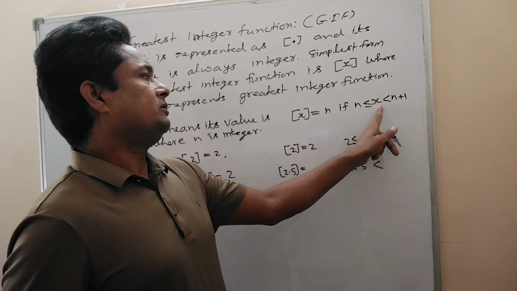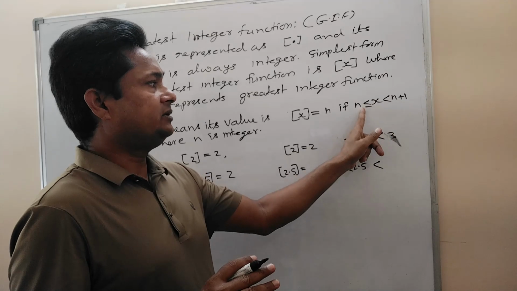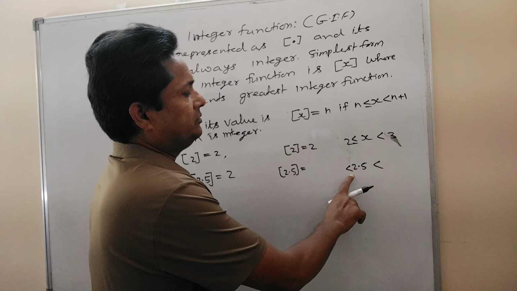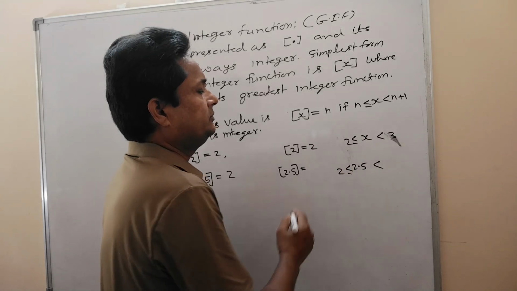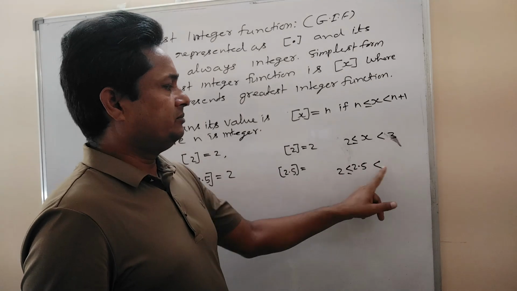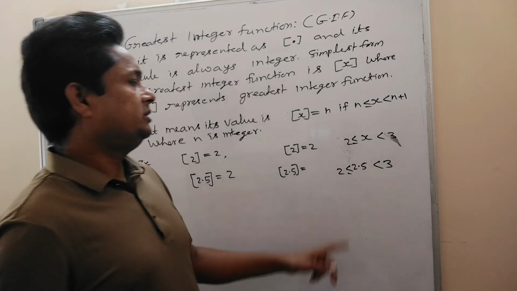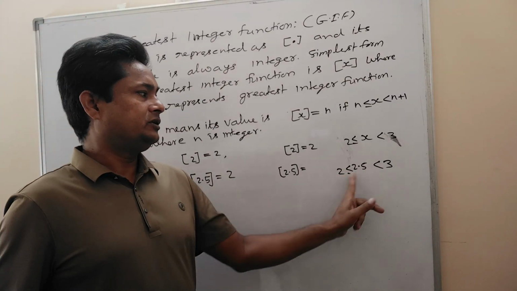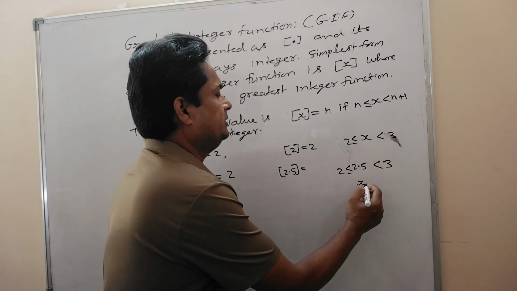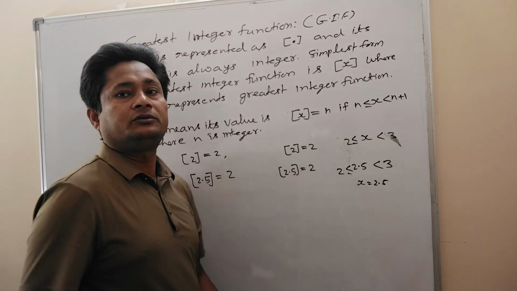See here, now: the integer less than or equal to this number will be 2, and the next integer greater than this number will be 3. That means if any value lies between 2 to 3, here x is 2.5, it will give you the value 2.